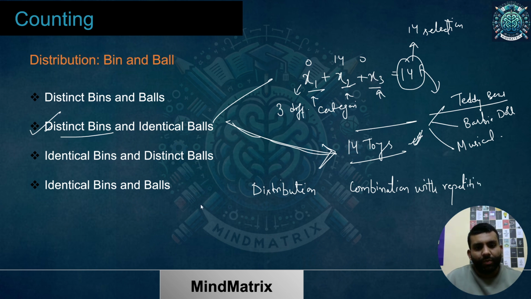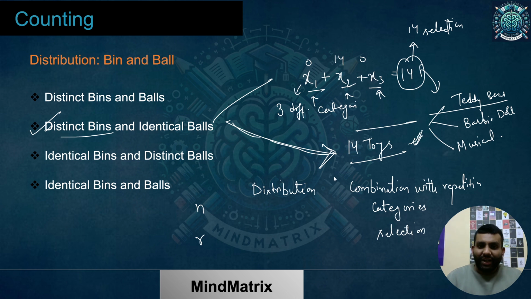What is my n, what is my r? When I talked about combination with repetition, my n was the categories I was having, which I could repeat, and r was the selection I wanted.